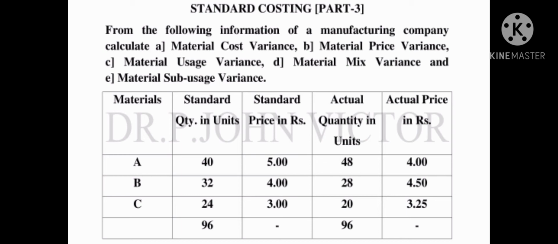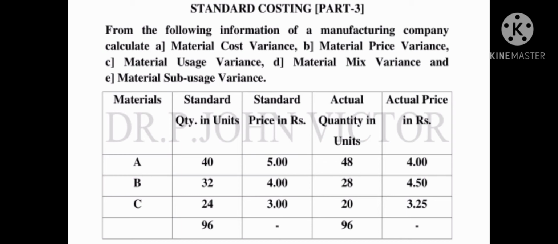Then the standard price in rupees: 5 rupees, 4 rupees, 3 rupees. Then the actual quantity in units: 48 units, 28 units, 20 units. The actual price for A, B, C is 4 rupees, 4.50, 3.25.